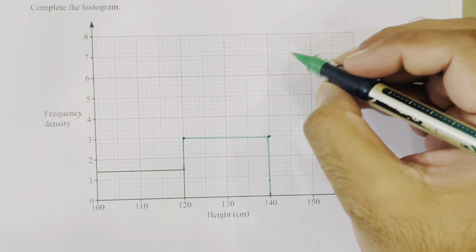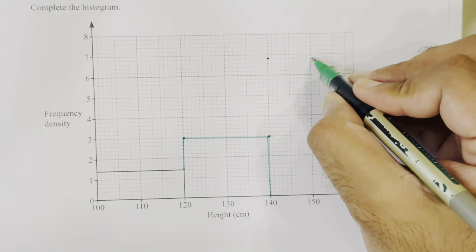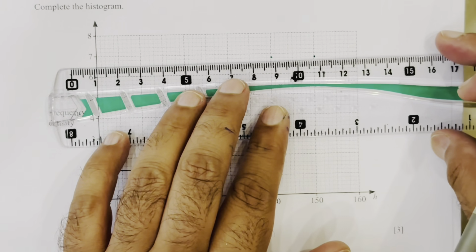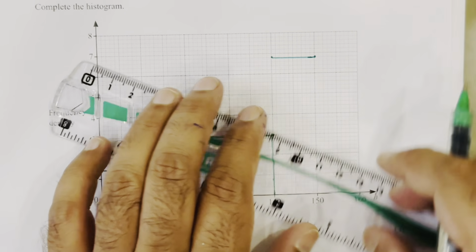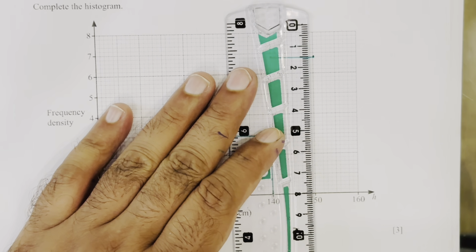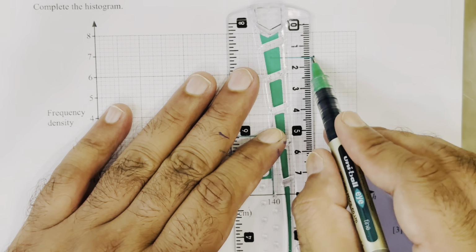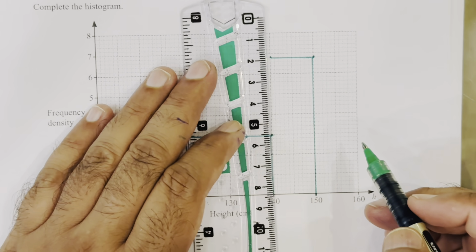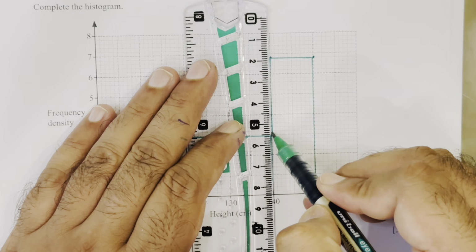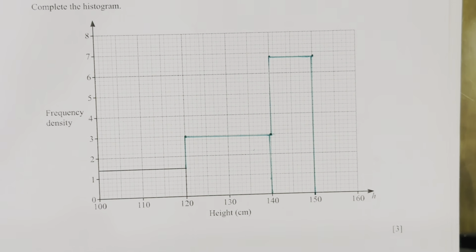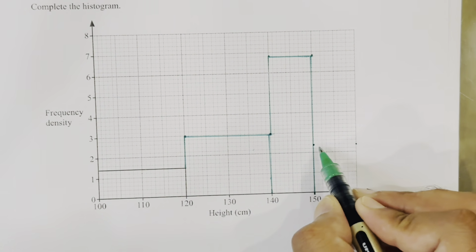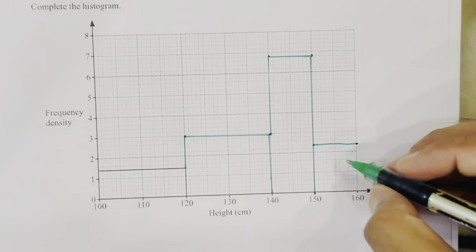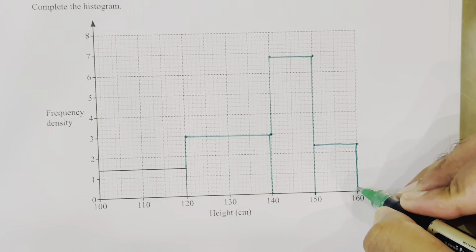It means we need to go up till here. Okay, the last part is 2.4, and the 2.4 would be here and here, and you need to plot this graph as well.